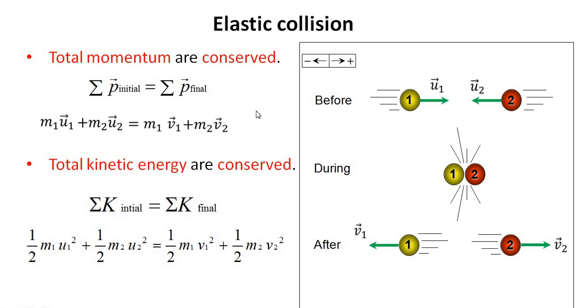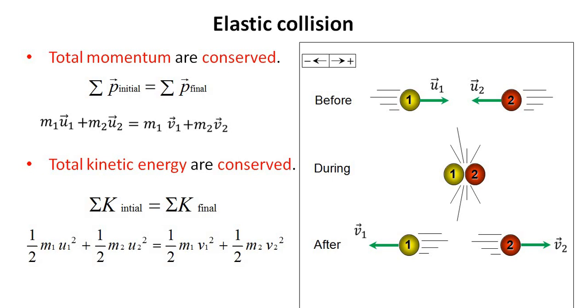When applying the principle of conservation of linear momentum, the total momentum before collision is m1 u1 plus m2 u2, and the final momentum we can calculate using the equation m1 v1 plus m2 v2. For this case, we should consider the direction of the velocity.